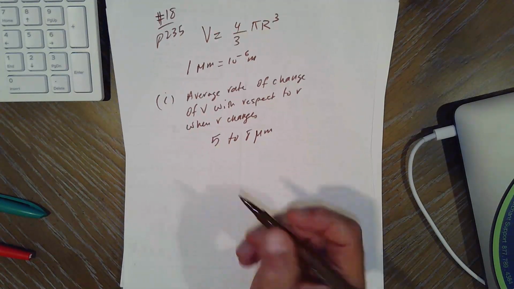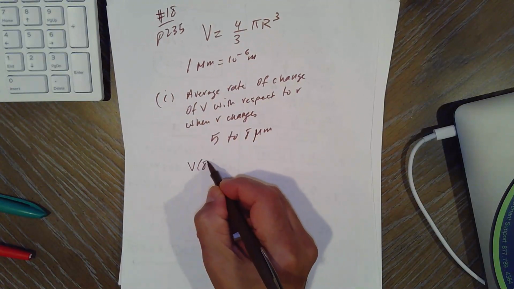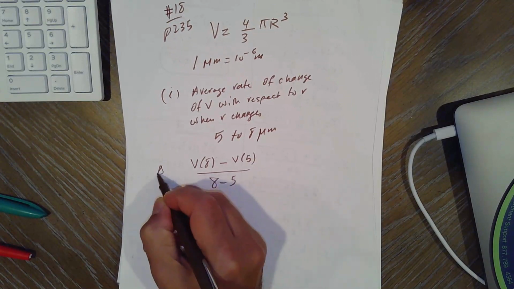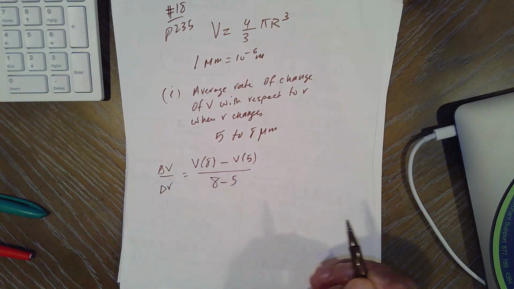So we want to do V of 8 minus V of 5 over 8 minus 5, or delta V over delta R. That's what we're doing.